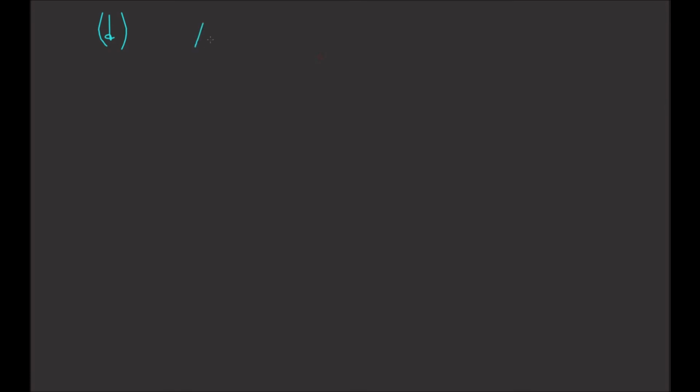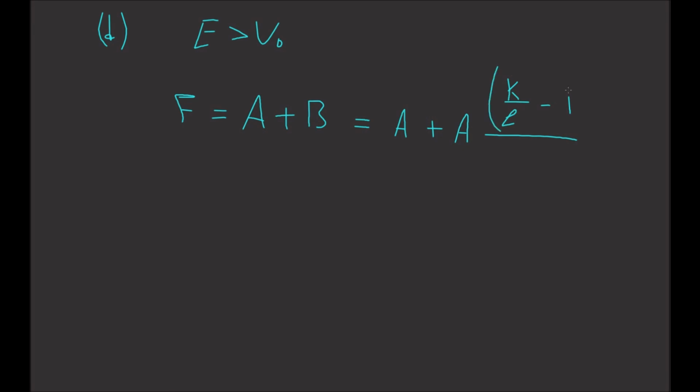Now, for e greater than v naught, we have f equals a plus a plus b, which is equal to a plus a times, we're just going to do a substitution for b, k over L minus 1 divided by k over L plus 1.